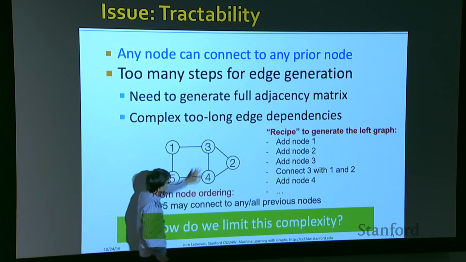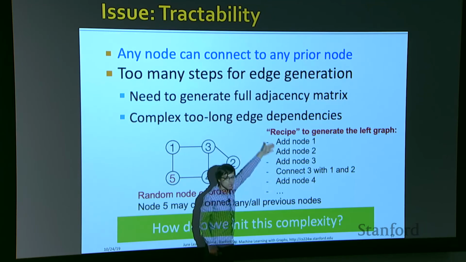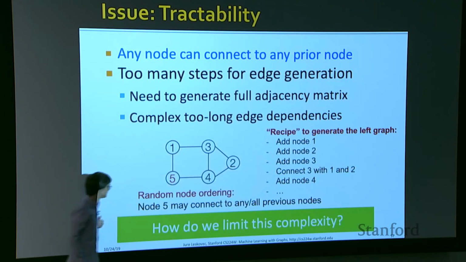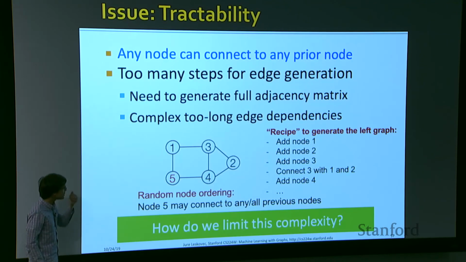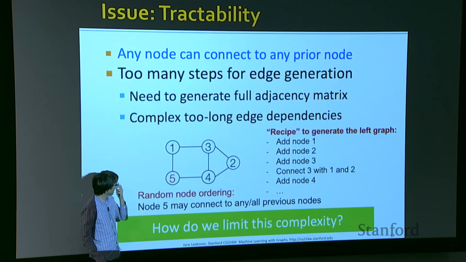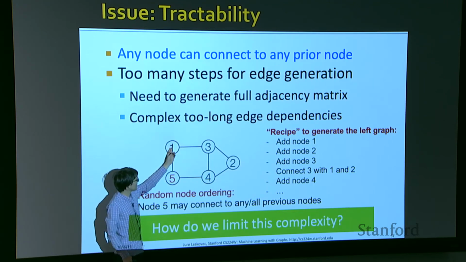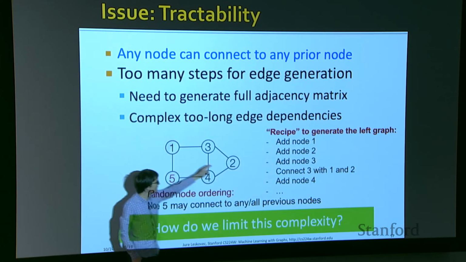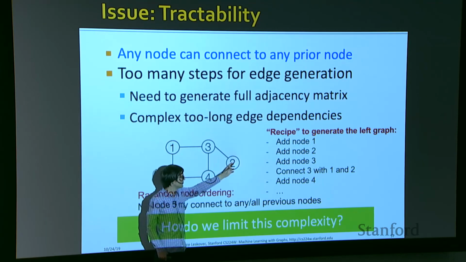Essentially, I take the graph, and what I'm generating is a type of recipe to draw the graph. The issue is that if I use this type of node ordering, I would say: generate node 1, generate node 2, don't generate an edge.